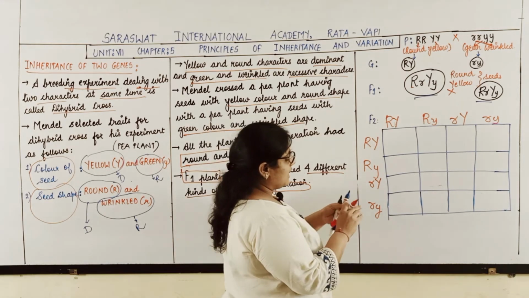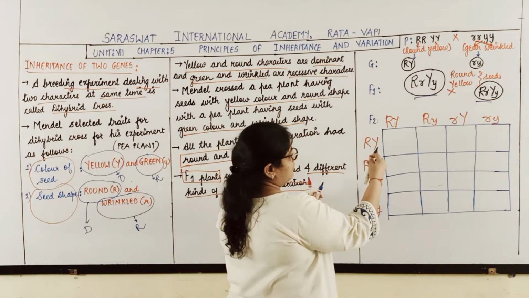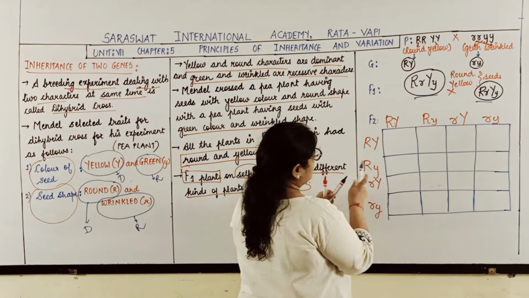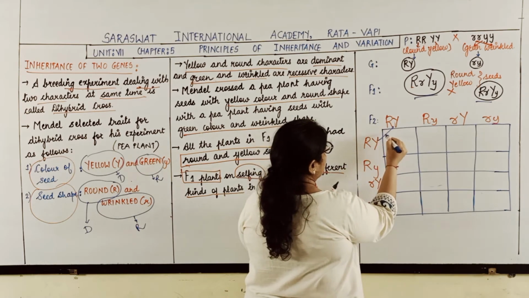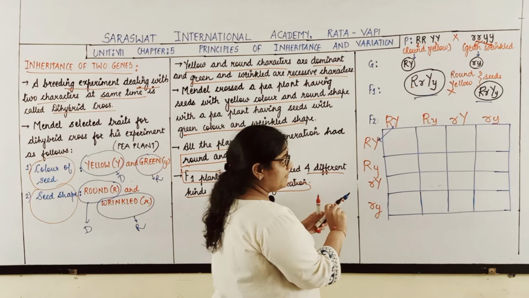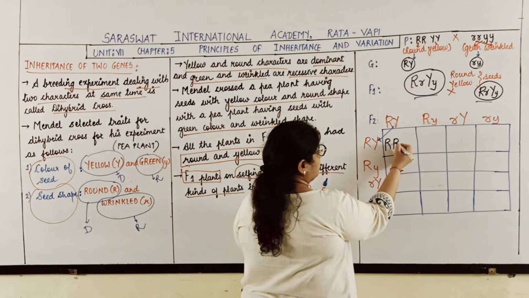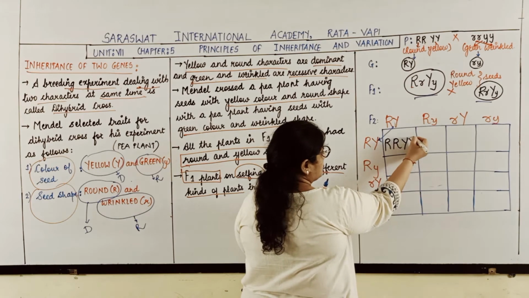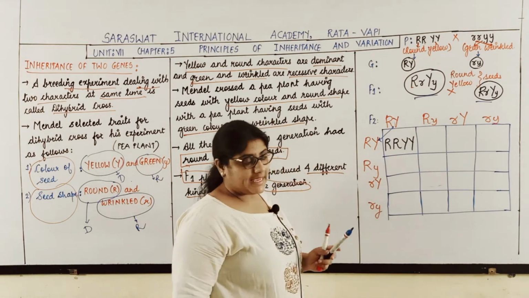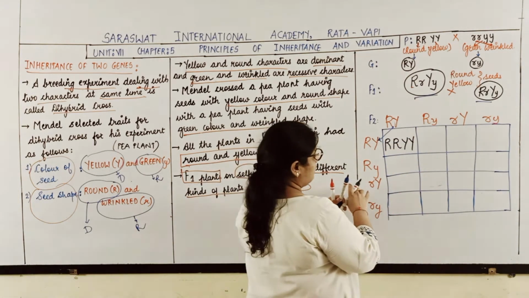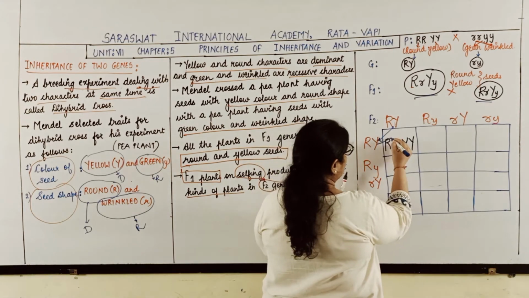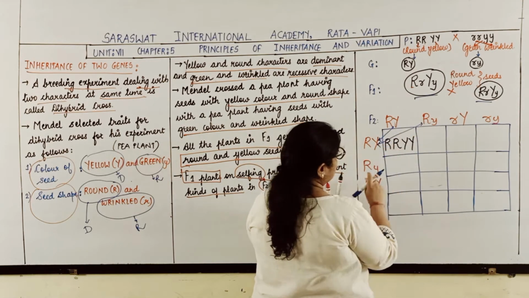So students, how will we cross them? First of all, we will cross this with this. So what will be obtained? Capital R, capital R, capital Y, capital Y. Clear?